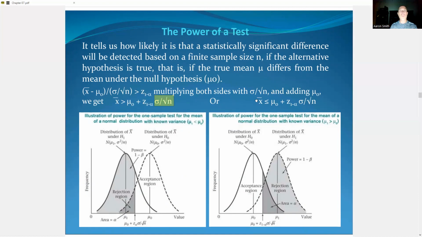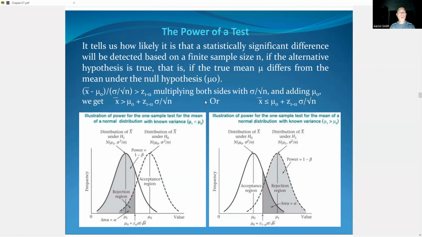Or we get that x bar is less than or equal to mu sub 0 plus Z times sigma divided by square root n. All right, and these each correspond to our hypothesis test decisions.